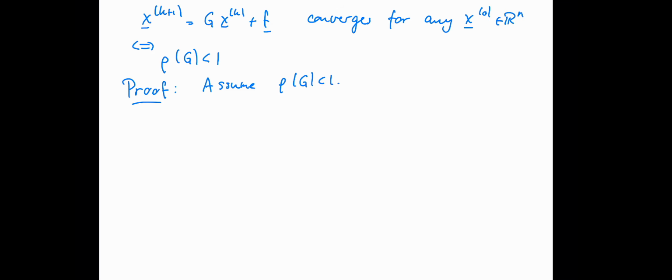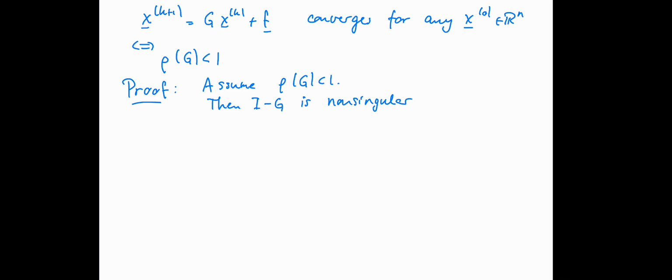So if we have this, we know that the matrix identity minus G is non-singular. Because we've seen this argument already a couple of times. If lambda is an eigenvalue of G, then 1 minus lambda is an eigenvalue of identity minus G. Now, all the eigenvalues of G are in absolute value less than 1.